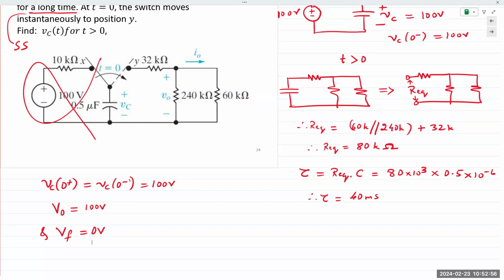So just to give you an idea of what kind of analysis would be expected in an E measure class, I would say after 0.1 milliseconds, the switch is flipped back to position X. What happens then? Now the capacitor is again connected to the source.